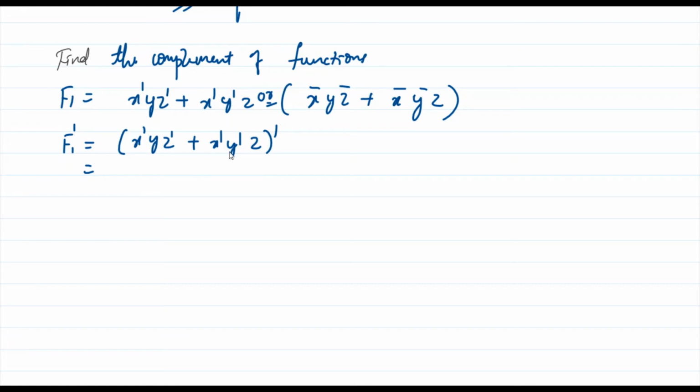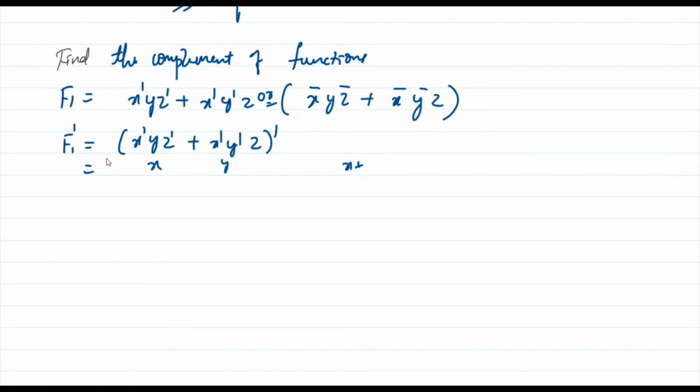As you know, if you consider this as x and this as y, what does it mean? (X plus y) whole prime equals what? X prime dot y prime. Am I right? So the same steps I will write here.